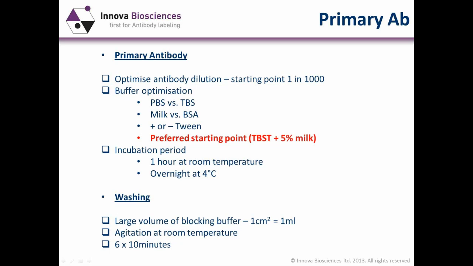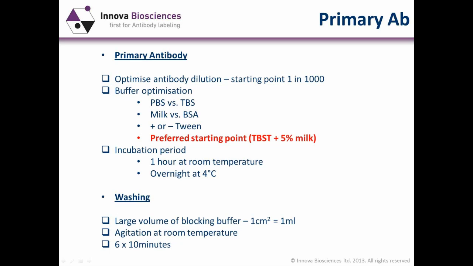I first of all started with a dilution of 1 in 1,000. The buffer optimization, as I said, PBS or TBS, depends on personal choice. I preferred PBS, and I would start off with 5% milk. If I had no signal, I would then take it down to 1% milk.